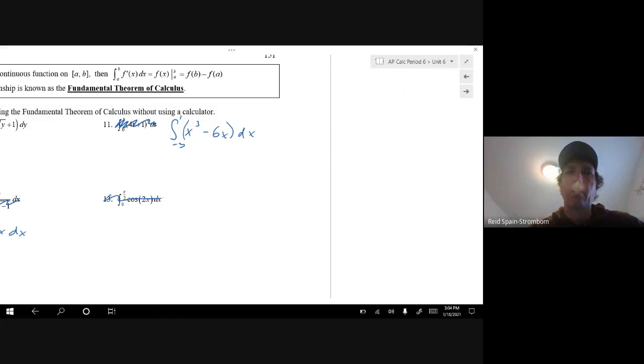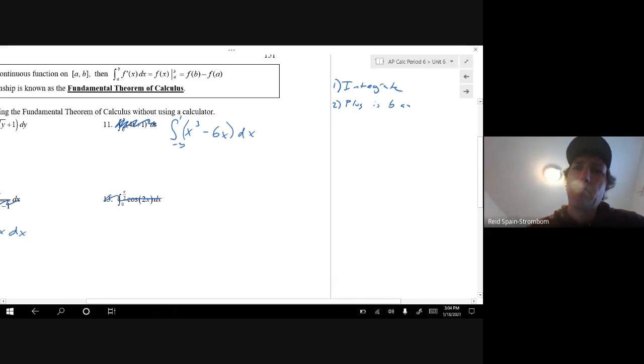So what we're going to do is we're going to integrate and we're going to plug in b and a, and then our last step is we're going to say what f of b minus f of a is. Okay, this is what we call the fundamental theorem of calculus. So it's really important for integration. It tells us the area.